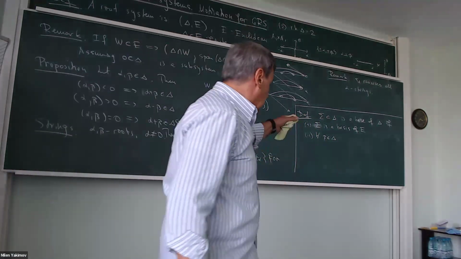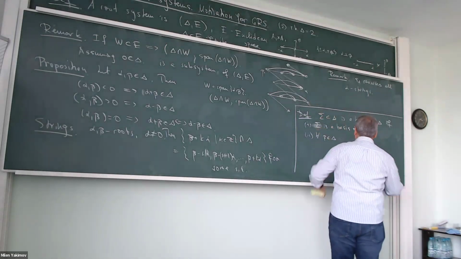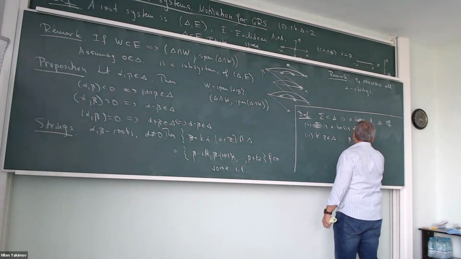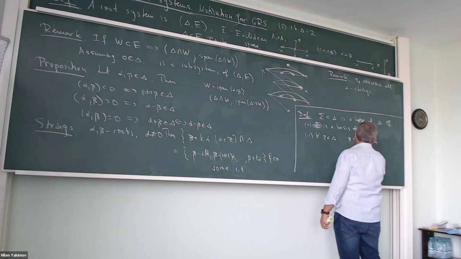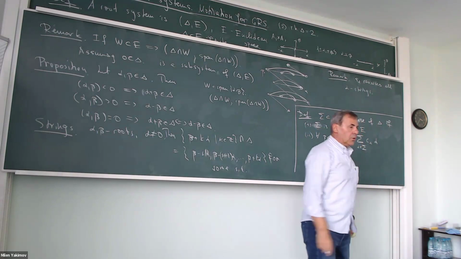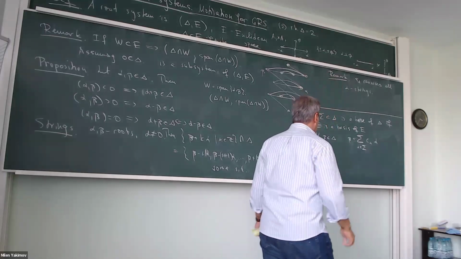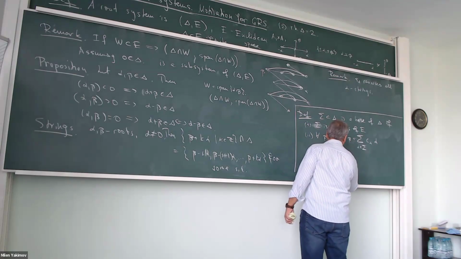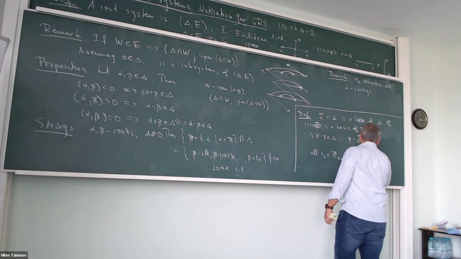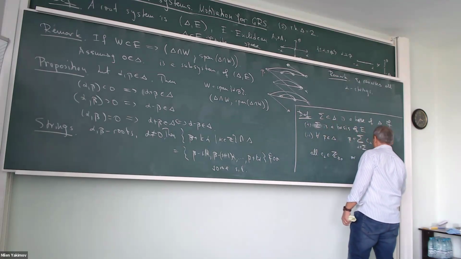I can write it now because sigma is a basis. I can write beta as a combination of elements of the base. But then all C alpha are non-negative integers, or all C alpha are non-positive integers.